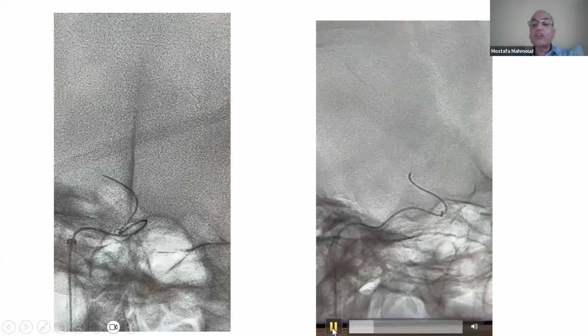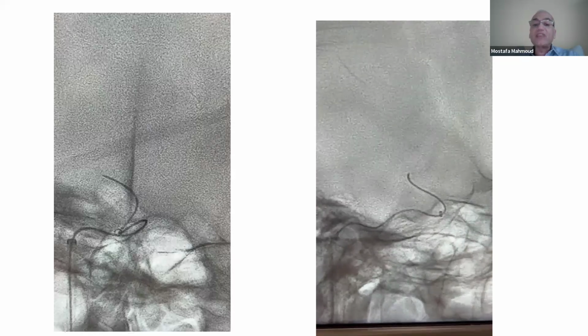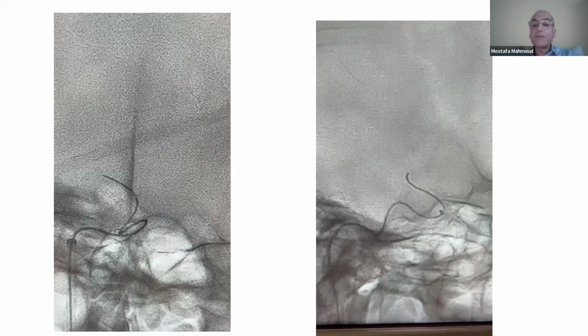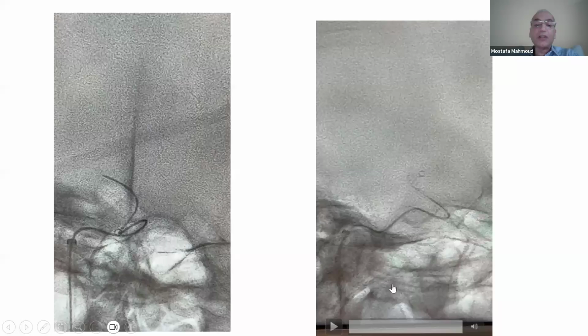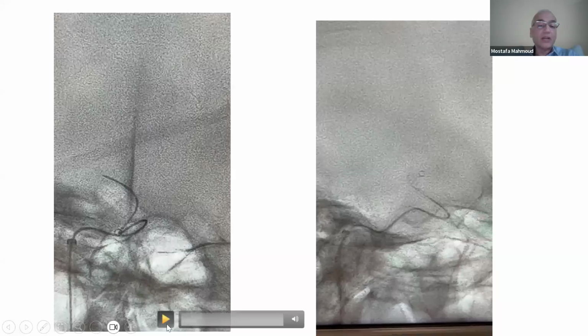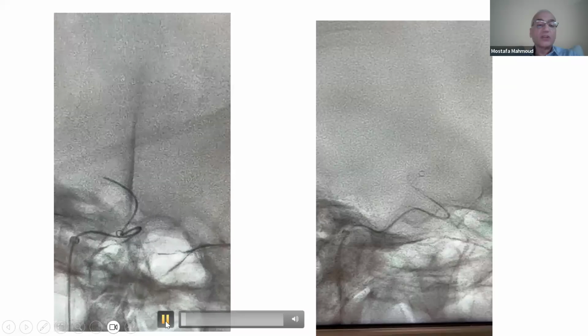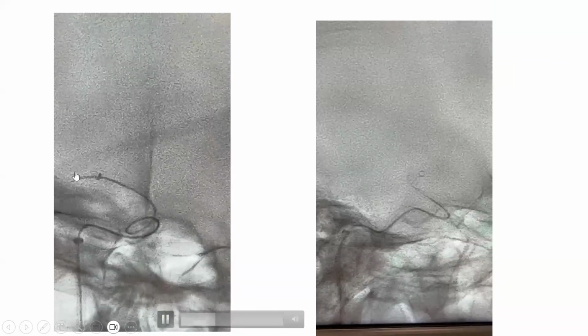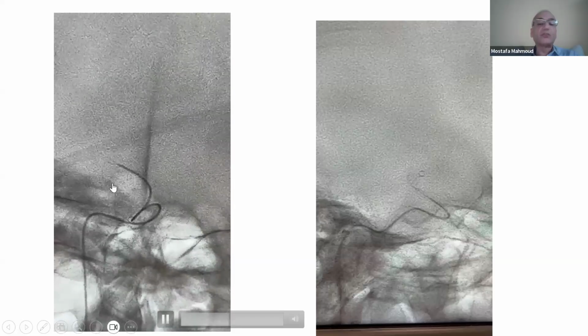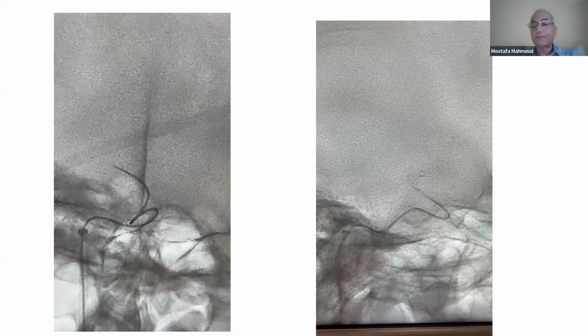Here, we are just using the sheath as a lever, here on a lateral view, and on an AP view, never crossing the bifurcation, and up the aspiration catheter will go to the target.